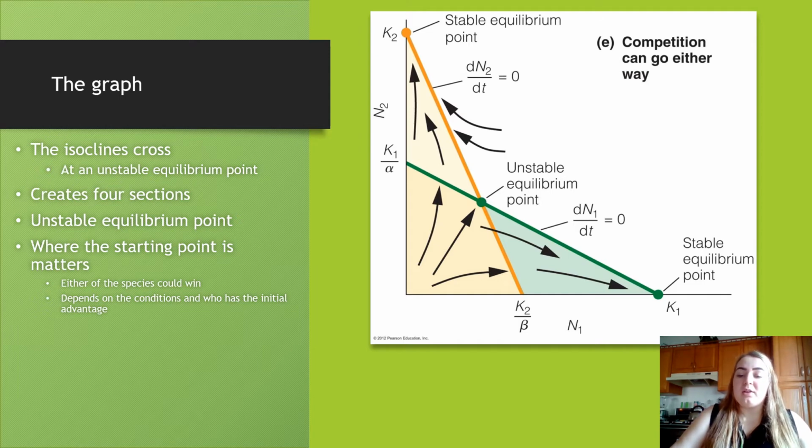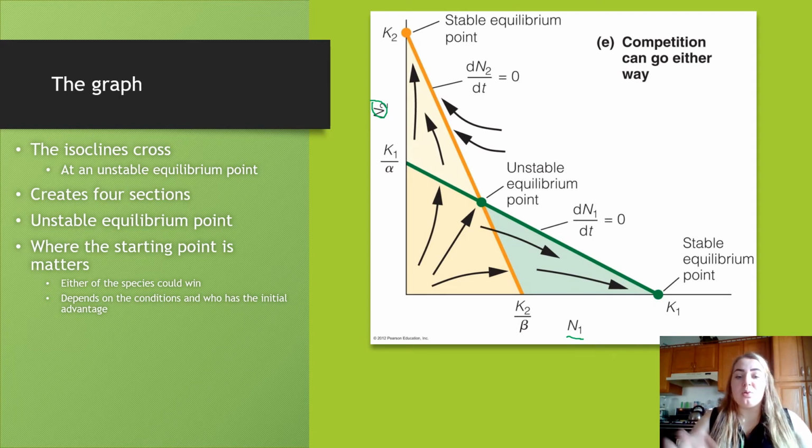So we can see that species 2 is indicated by the y-axis and species 1 on the x-axis. And then similar goes for species number 2, where its carrying capacity is a stable equilibrium point, and that is where species number 1 is also at 0.